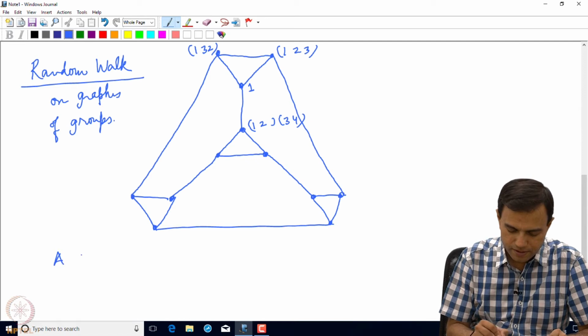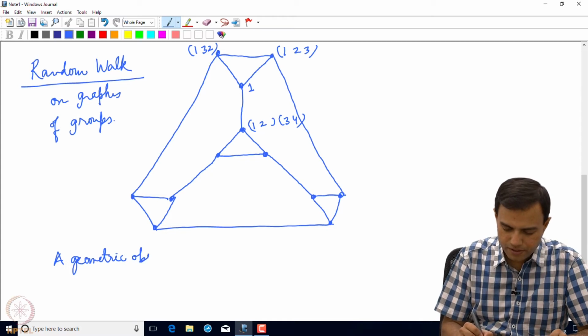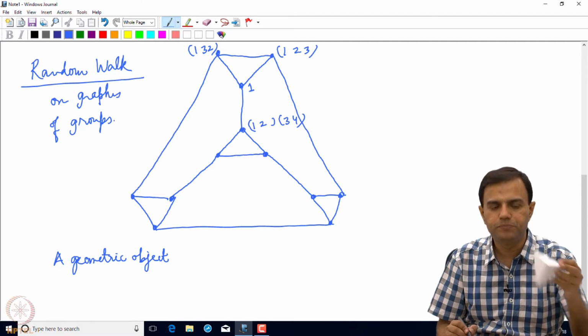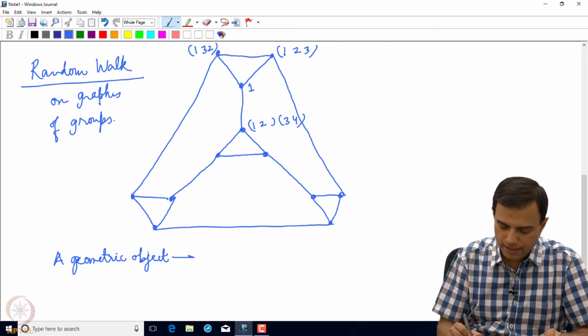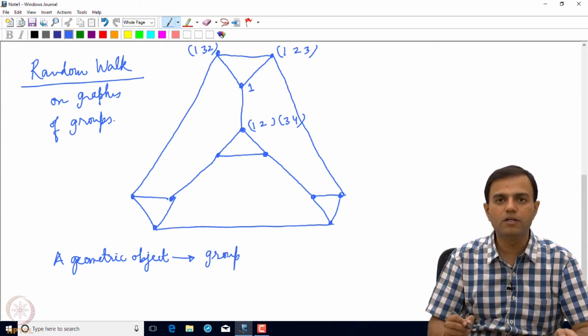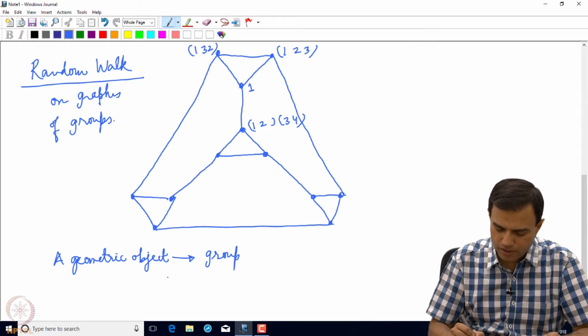Say a geometric object like this one, and then you have a group which is being cooked out of it. And how does it come? Through some kind of symmetric considerations.